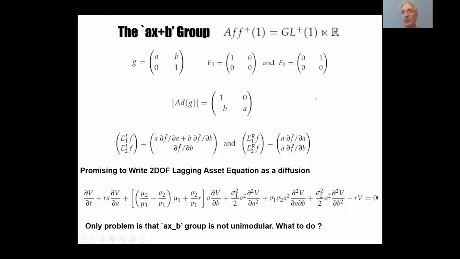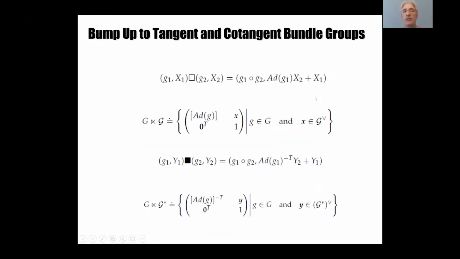So what to do? What we did was to bump up the dimension by a factor of 2 and construct different groups, okay? It turns out that if you take a group and an element in the Lie algebra, you can define a semi-direct product like this. And so this is the tangent bundle endowed with a group operator, okay?